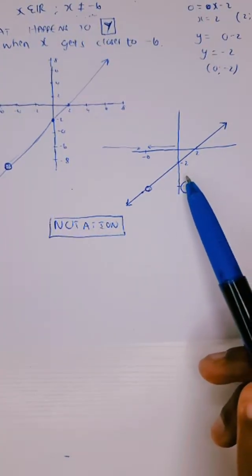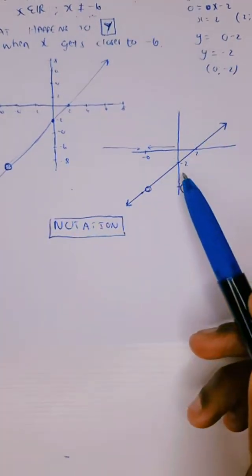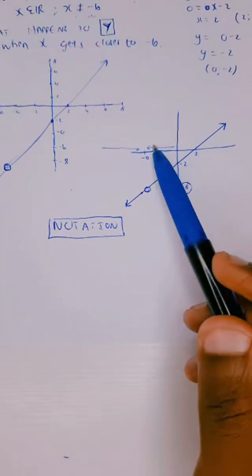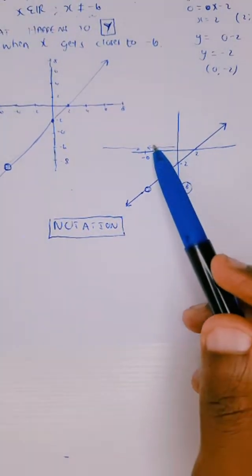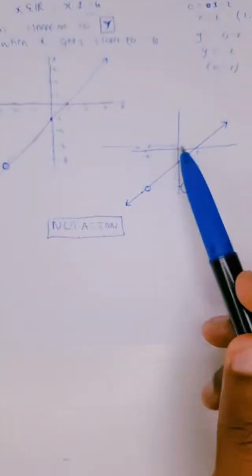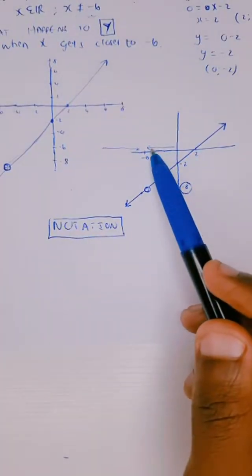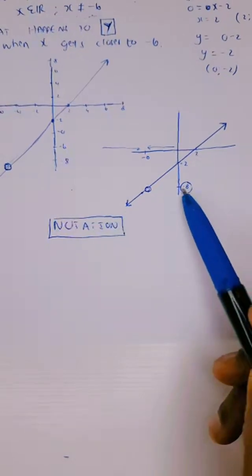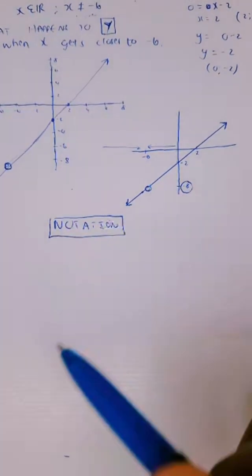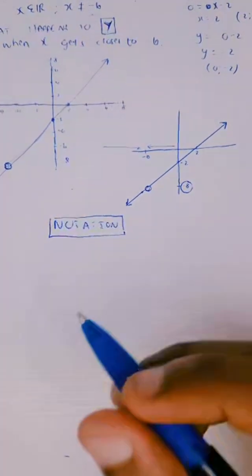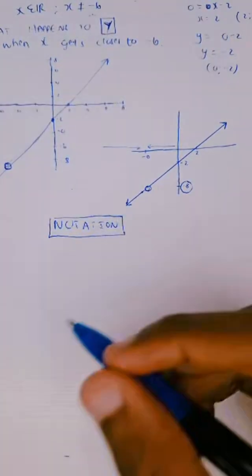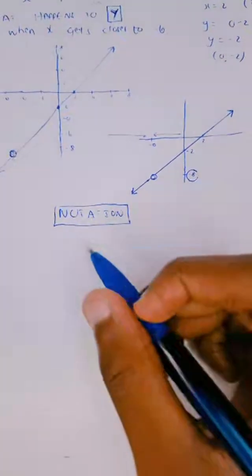It's the value of y that gets approached from both sides, closer and closer to y is equal to negative 8. So to write this in an acceptable notation, to appropriately describe it so that it is mathematically represented, this is what we say.